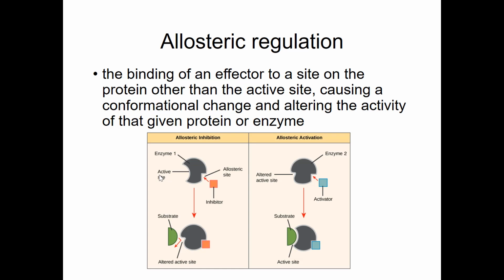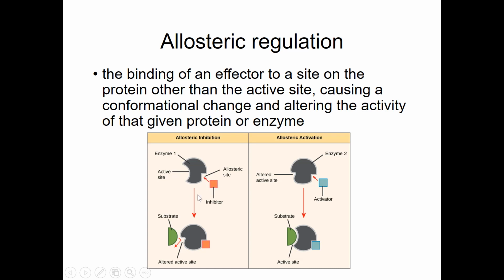So let's look at that in a different way. Let's look at this figure here. So here we have enzyme 1, looks a little bit more like Pac-Man. It binds to this substrate, and you can see this substrate here should fit really well into that active site. However, you have an allosteric site here. So it's different from the active site over here. It's on a different part of the protein.